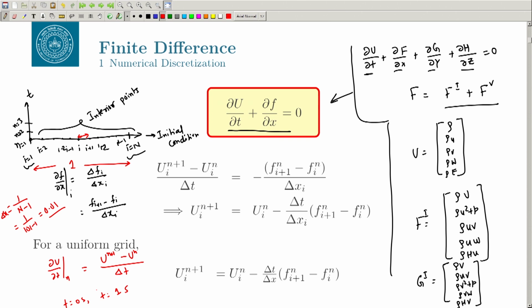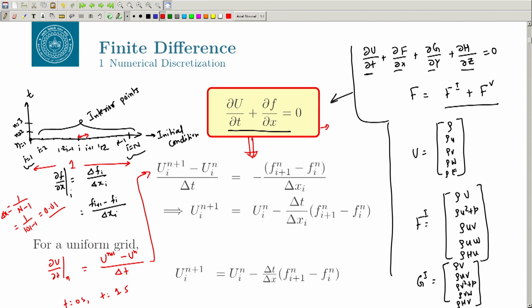There are criteria that decide what your time step should be, based on the size of your grid and your convection speed, or even the diffusion. If you use both those things, this equation can be approximated like this.